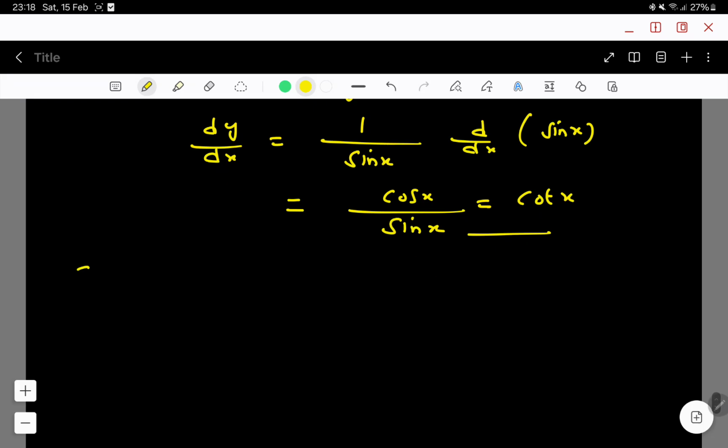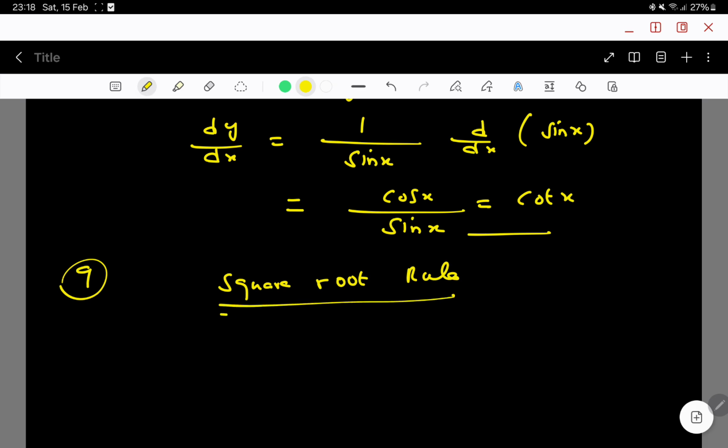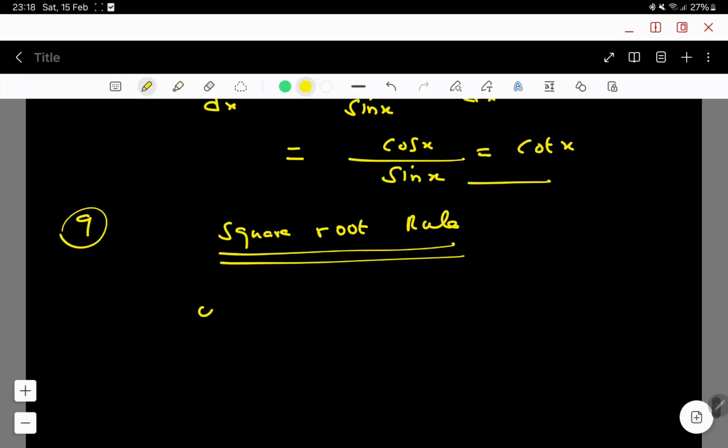And the ninth rule, this is the last rule, is the square root rule. So when a function is under the root, y equal to root f of x, under root of f of x.